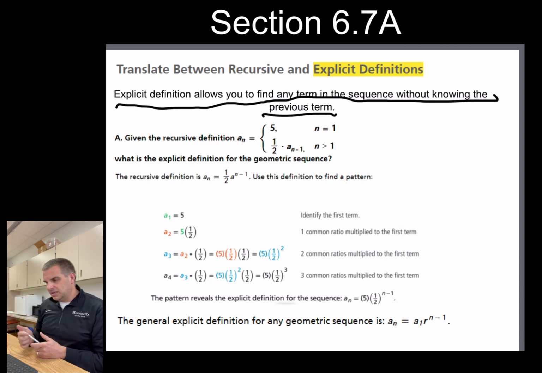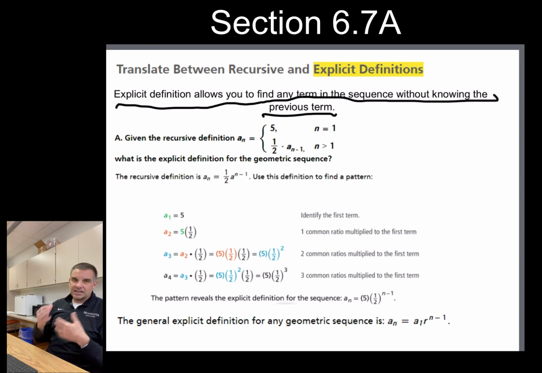So in here is an explanation. If we're given the recursive definition, 5 is our first term, and we've got the formula, our ratio is 1/2 times n minus 1. We can find an explicit definition for that geometric sequence. And we can find that by, again, they lead you through the steps that show the pattern.